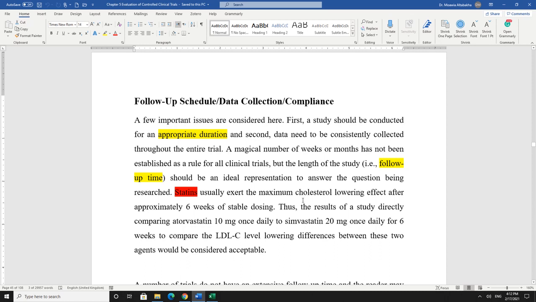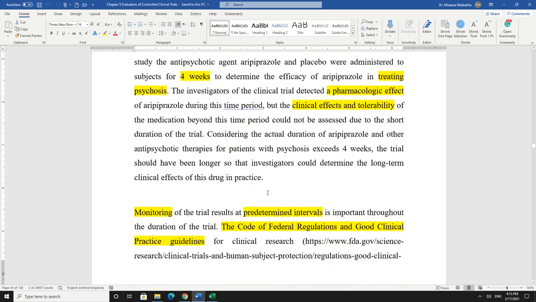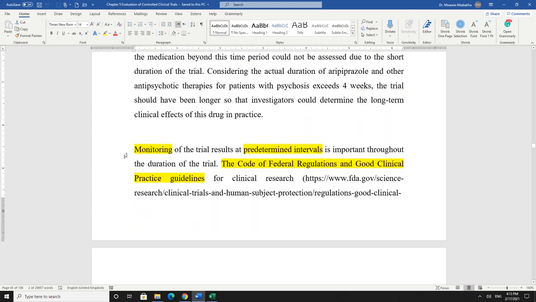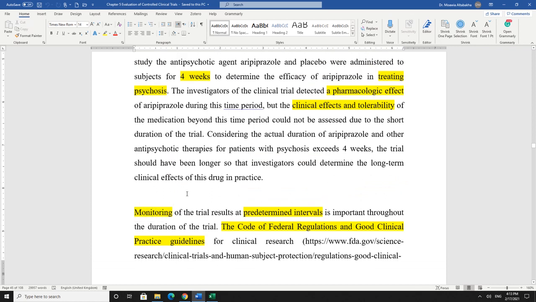So what I mean to say is that there should be appropriate duration to allow adequate measurement of the endpoints and for the events to be occurring. Another thing is monitoring. Monitoring here means how often are you going to check the patient. Of course, do I need to check the patient every day? The patient should come to the hospital every week, every month. This monitoring should be enough.